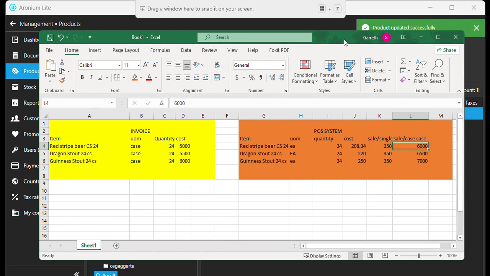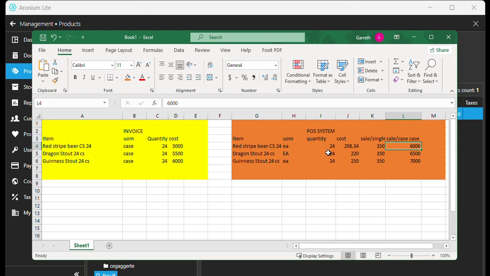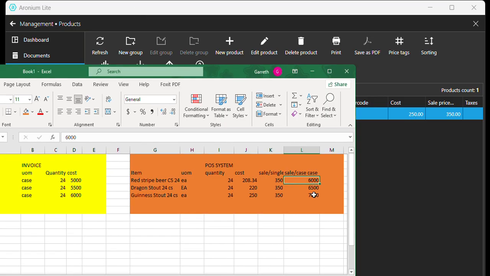Now, based on our system right now, we're going to do the quantity after, but realize that we have 350 for the singles. Now, if we want to sell by case, we have a case price we want to sell it by, but we can't.